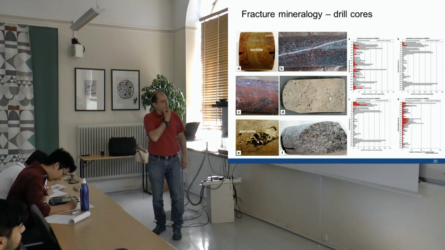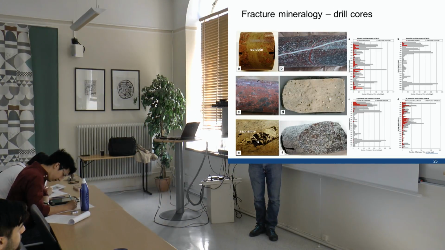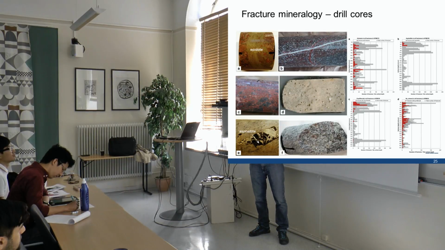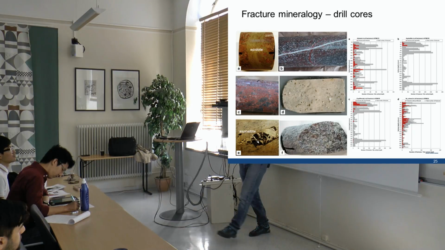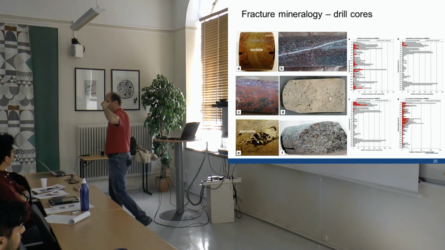I mean, at this depth, this is probably a deformation zone. This also. But down to 40 meters, how come there are clay minerals on the top, close to the surface? Think about the fracture domains.